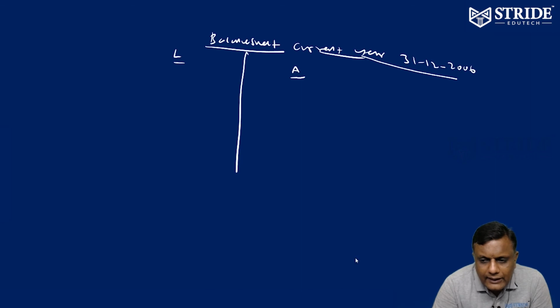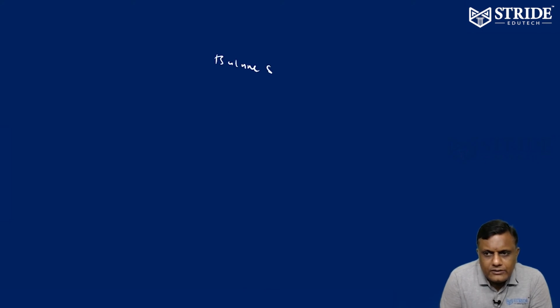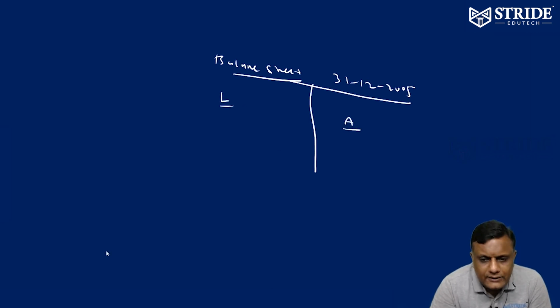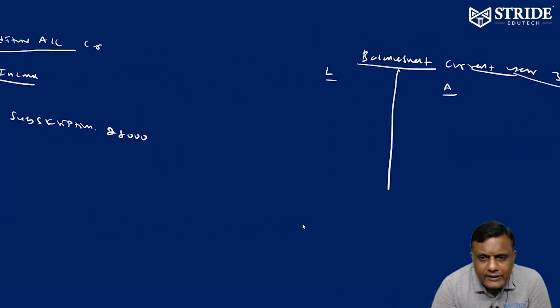Similarly, I am going to prepare last year balance sheet also. Why am I preparing last year balance sheet? To prepare capital account. So balance sheet of 31/12/2005, I have to open to find capital. So liability, asset. See, subscription side.